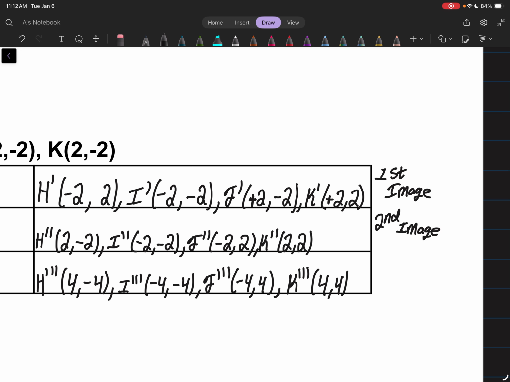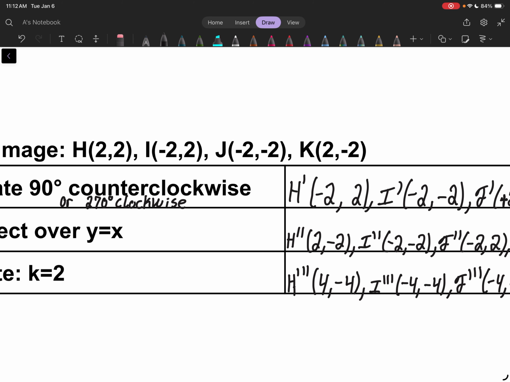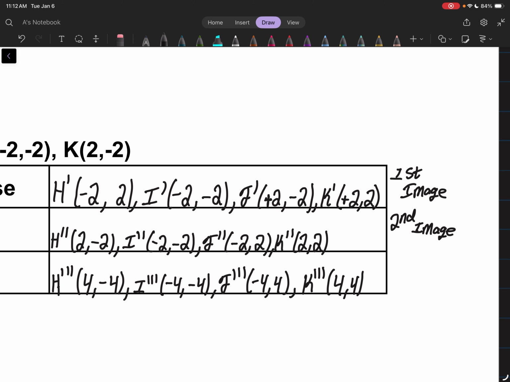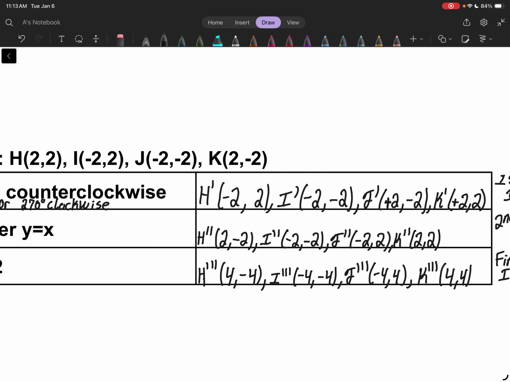And I have 2 tick marks. On my third one, I dilated by 2. It has 3 tick marks, but because we're done, we call this the final image. It is the third image, but it is also the final image. Okay, there's my answers, I'm done.